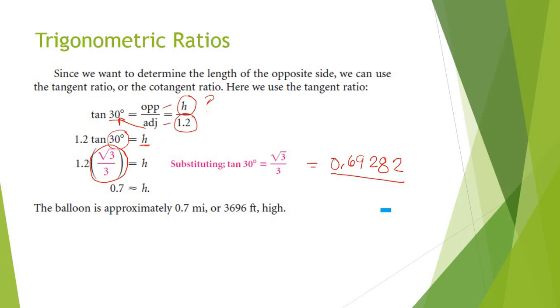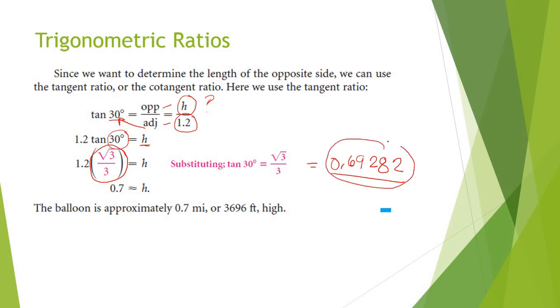If you don't have a scientific calculator, you cannot compute the tangent of 30, but here we can simply multiply 1.2 times the square root of 3, and then divide by 3.